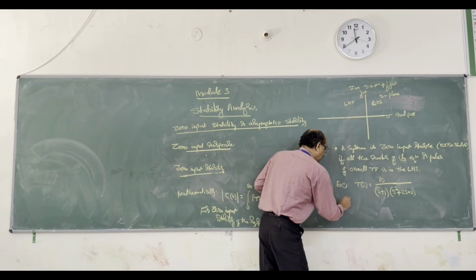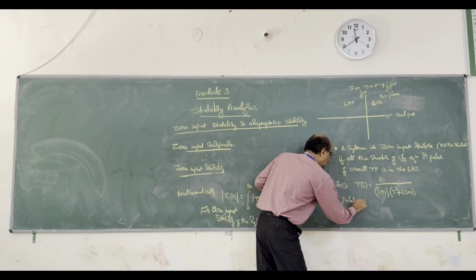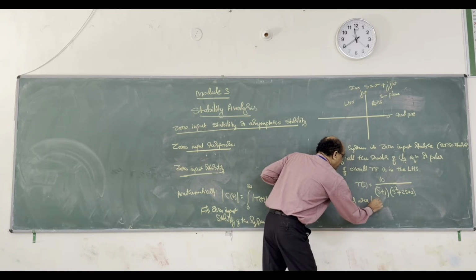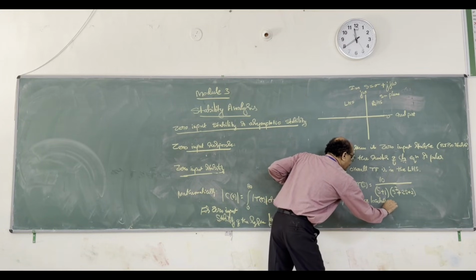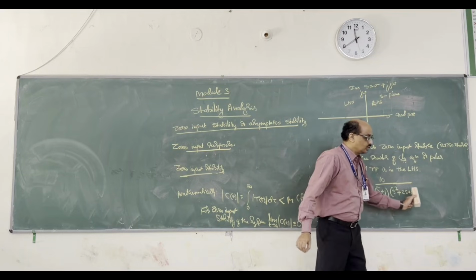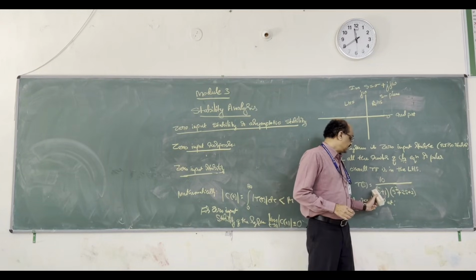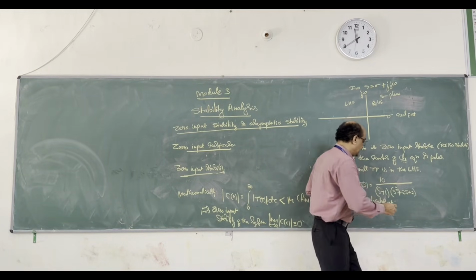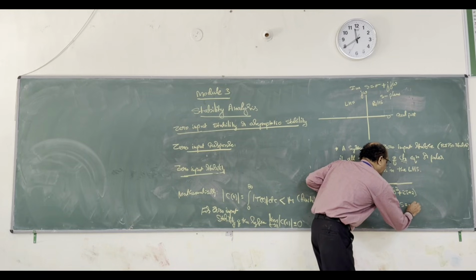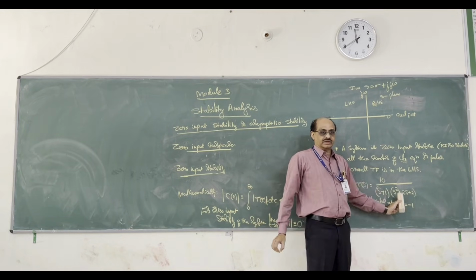Okay. So let me locate the poles first. Poles are located at s plus 1 is equal to 0. So s is equal to minus 1. So tell me what this is.